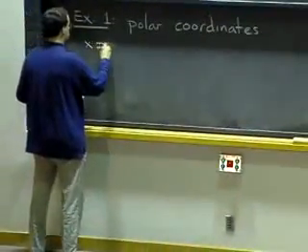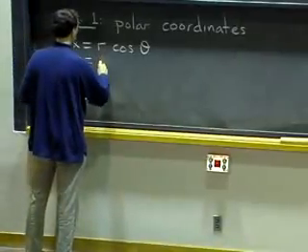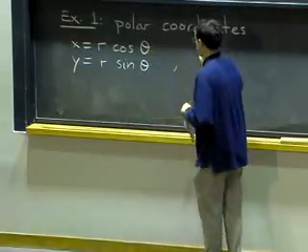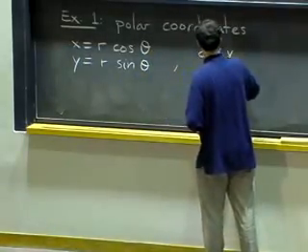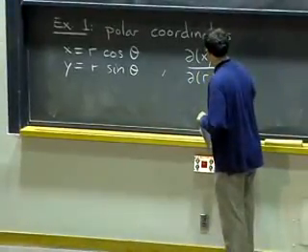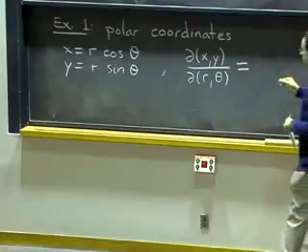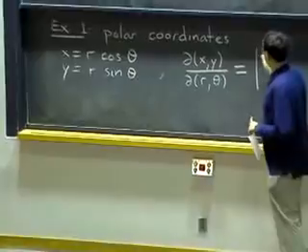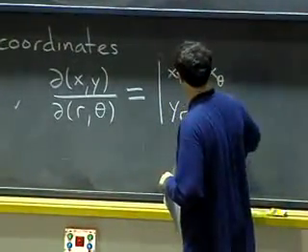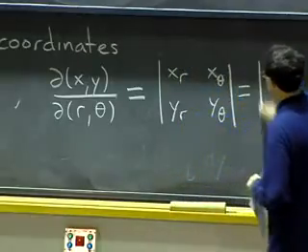So in polar coordinates, I'm setting x equals r cosine theta, y equals r sine theta. So the Jacobian for this change of variables. So let's say I'm trying to find the partial derivatives of x, y with respect to r, theta. Let me actually write them here again, just for you. And so what does that become?